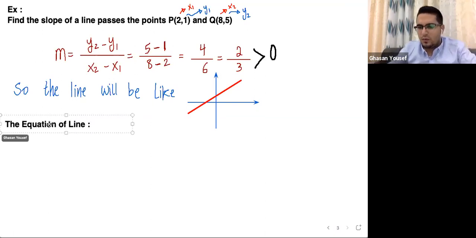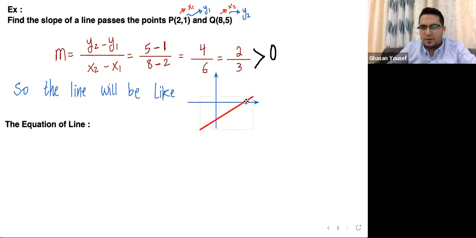Does it have a y-intercept? Yes, it has a y-intercept here, and it also has an x-intercept here. It's not supposed to go through the origin. Maybe it will go through the origin, or maybe like this, or like this.